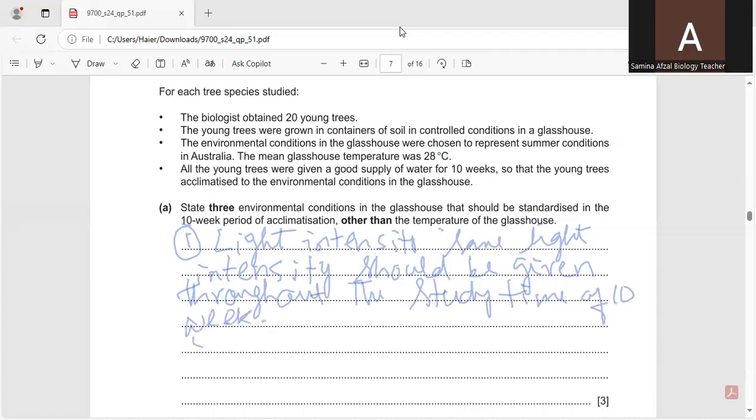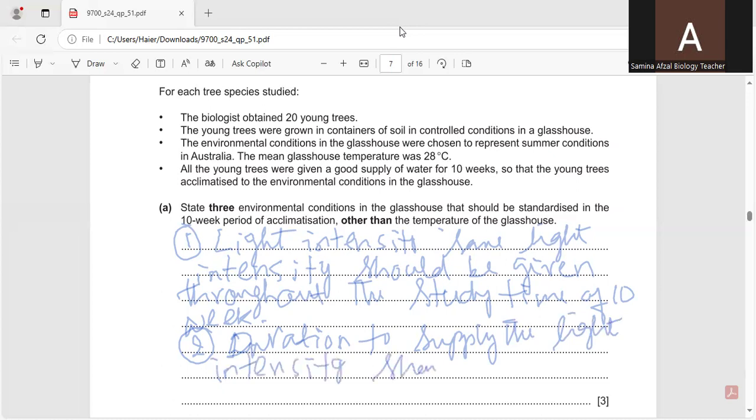And the duration of the light supply should also be the same.